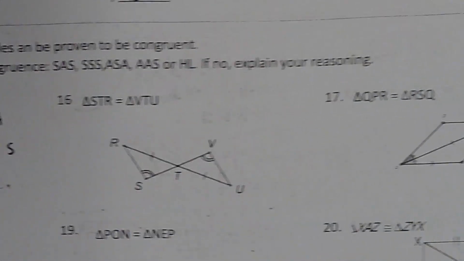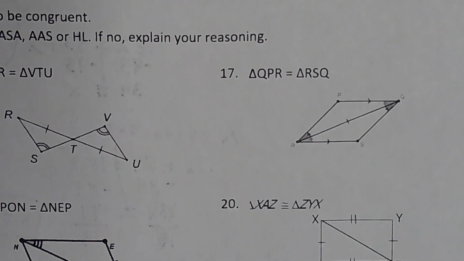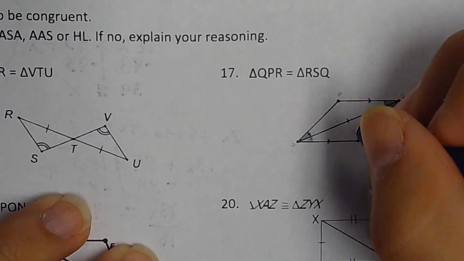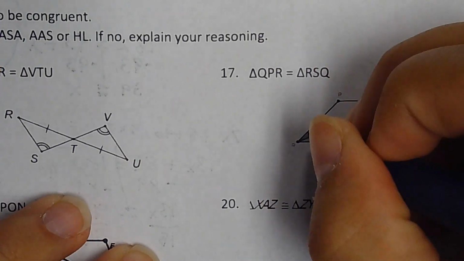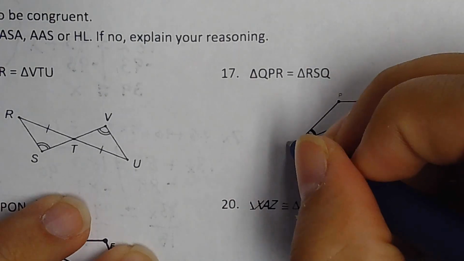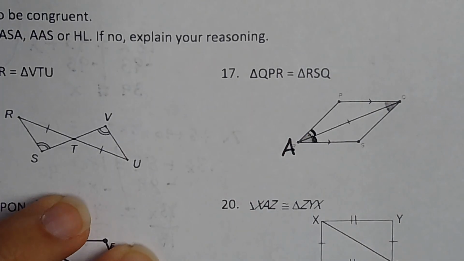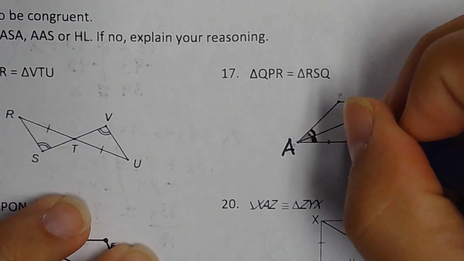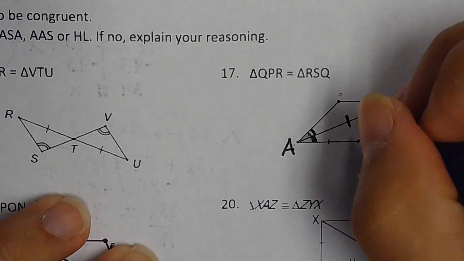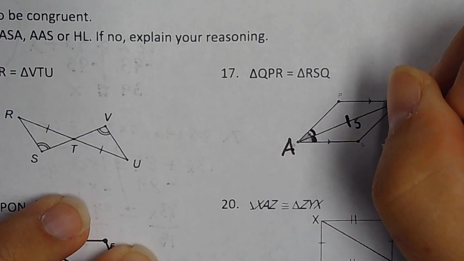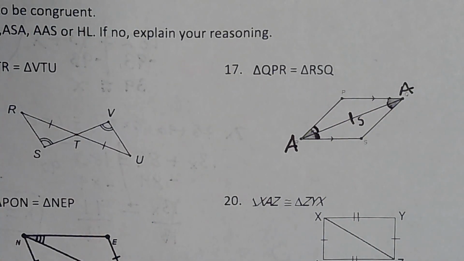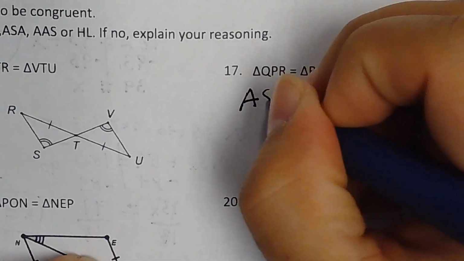Okay, moving on to 17. All right. For this one, I have an A right here. This line right here implies what? An S. And I have another angle here. So what is this called? Angle, side, angle.